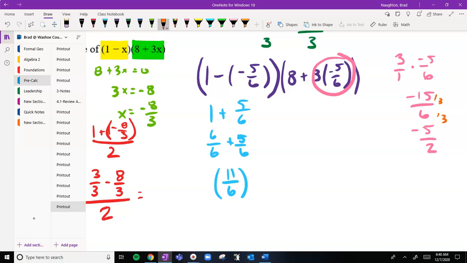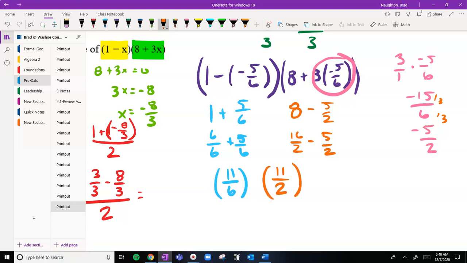So we're going to get 8 minus 5 halves. Let's get a common denominator. So 16 halves minus 5 halves is going to be 11 halves.